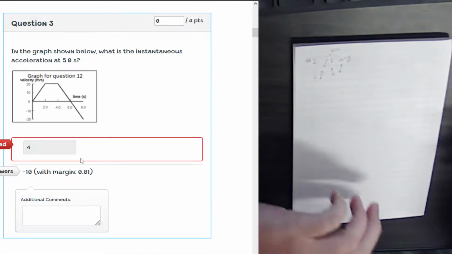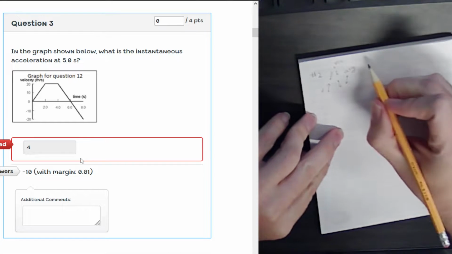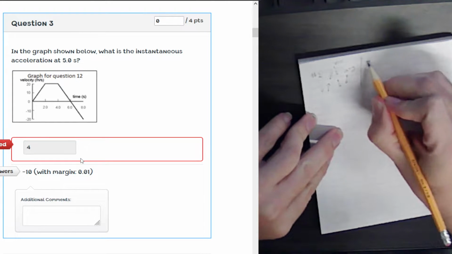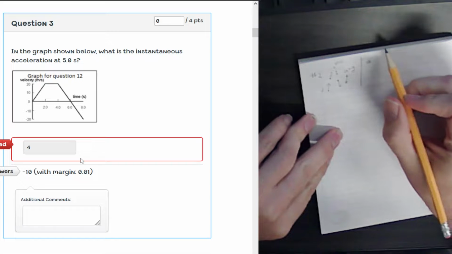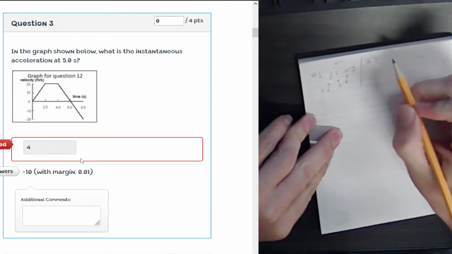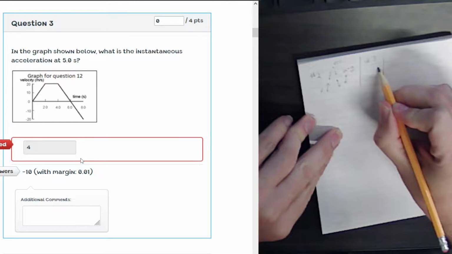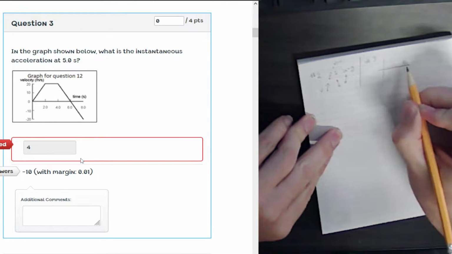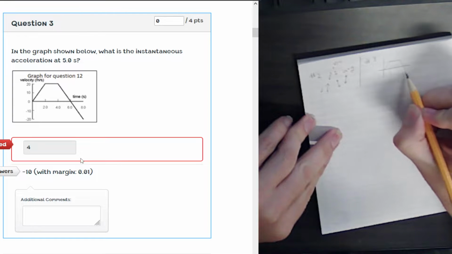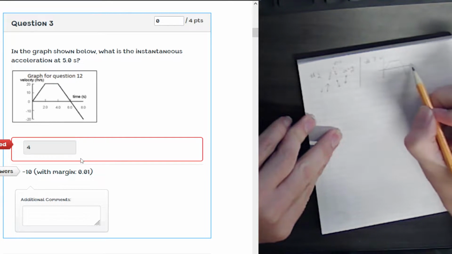So number 3, it says, okay, we've got a graph shown below with the instantaneous acceleration at 5 seconds. So if you're looking at this graph, get a quick sketch here. It goes up, over, and down, and this is velocity versus time.